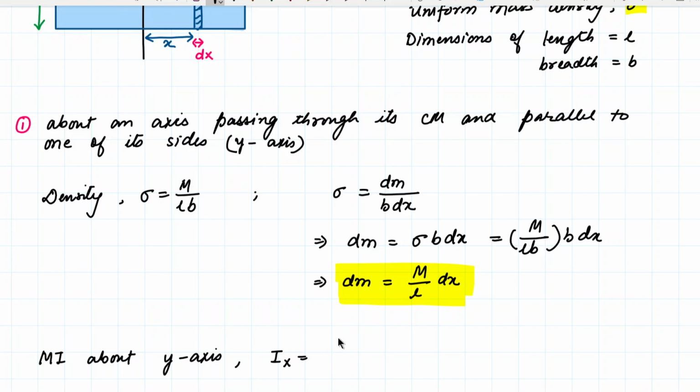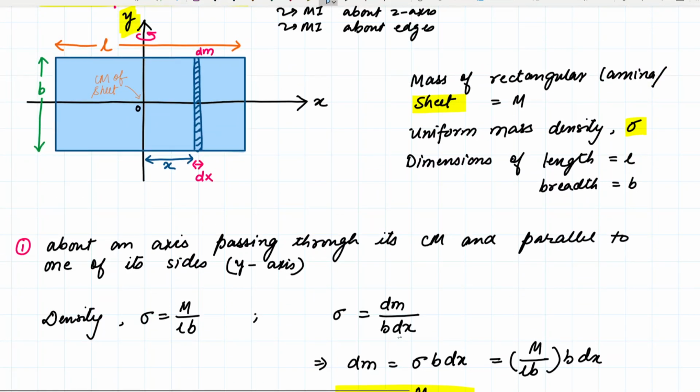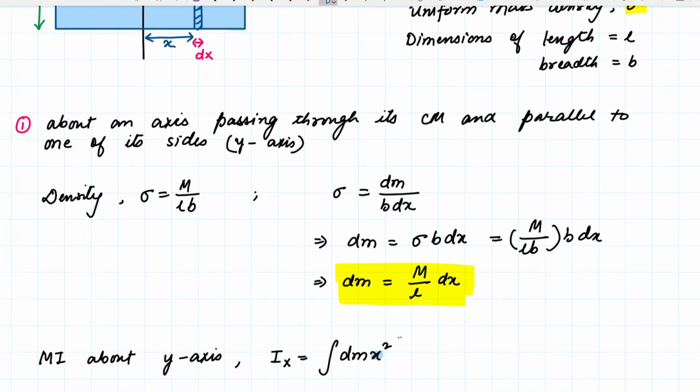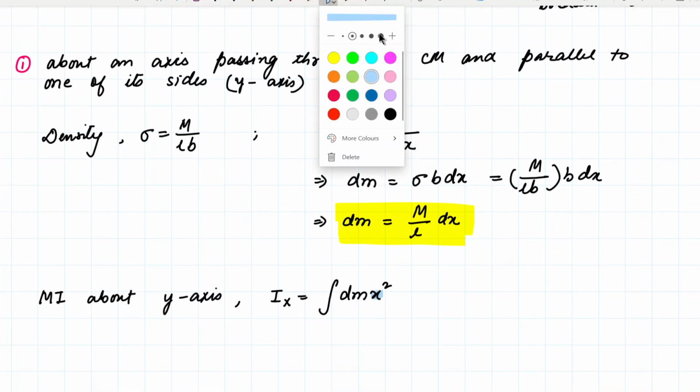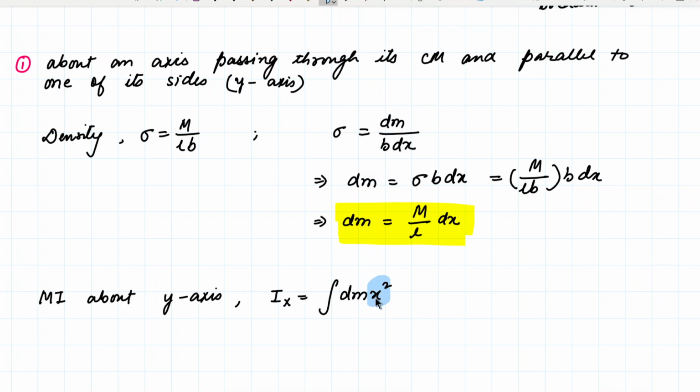So Iy is equal to, since this is a continuous mass distribution, I can write the integration, integration dm, and here it will be x square, right? Because it is the distance of the mass element from the axis. Sir, that is saying Ix instead of Iy. Okay, okay, fine. This is Iy, yes you are correct.